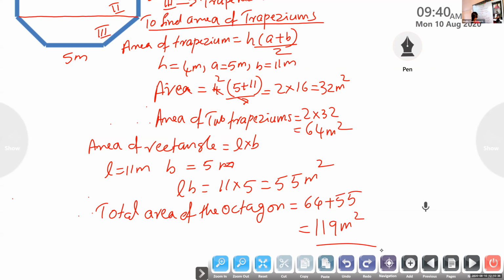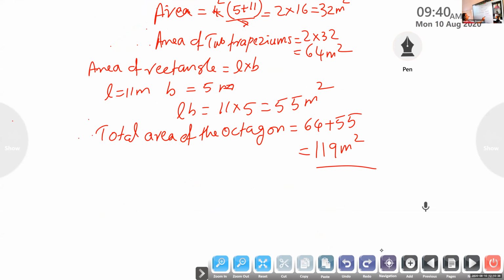The required area of the octagon is 190 meter square.